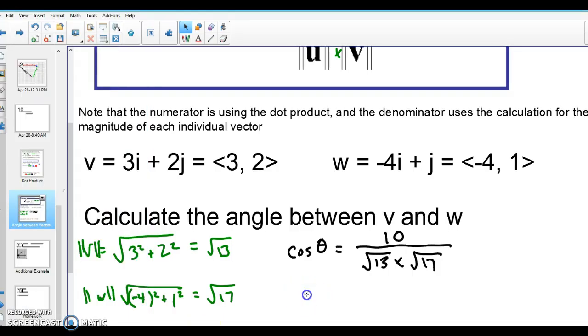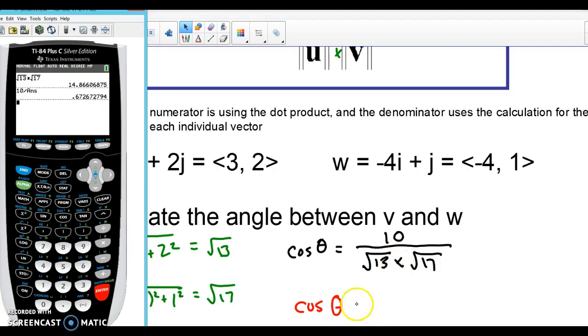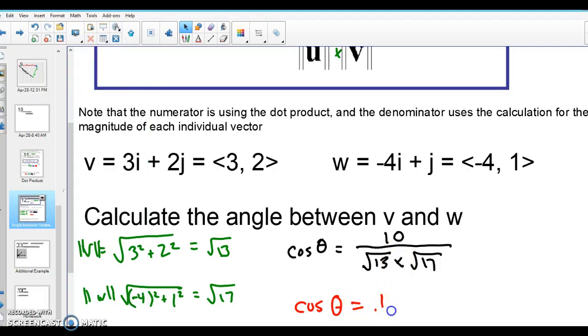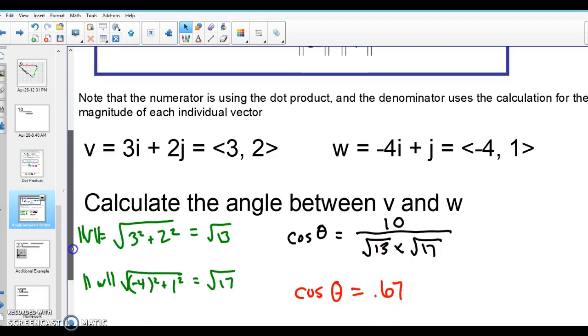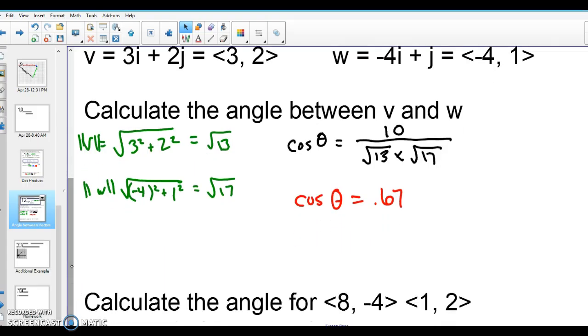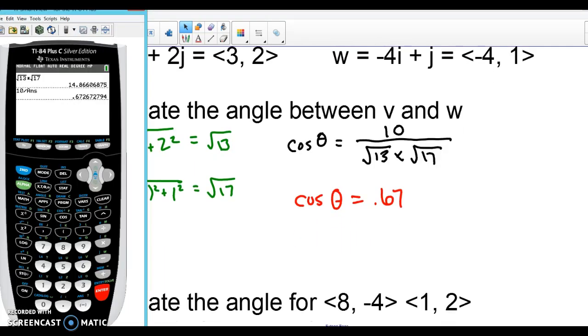So now I have cosine of theta is equal to 0.67. And then just like before, if I want to find theta, I need to do second cos. But first I need to make sure that I am in degree mode.